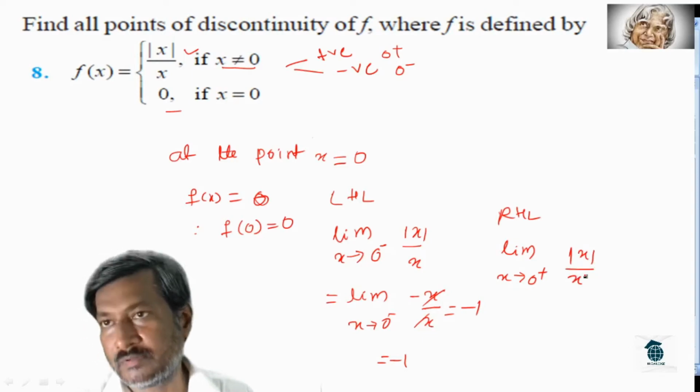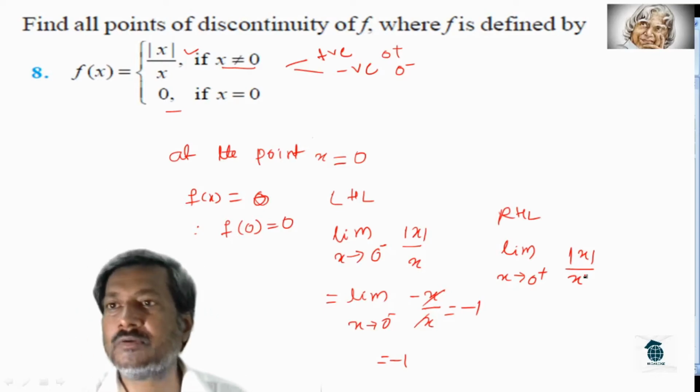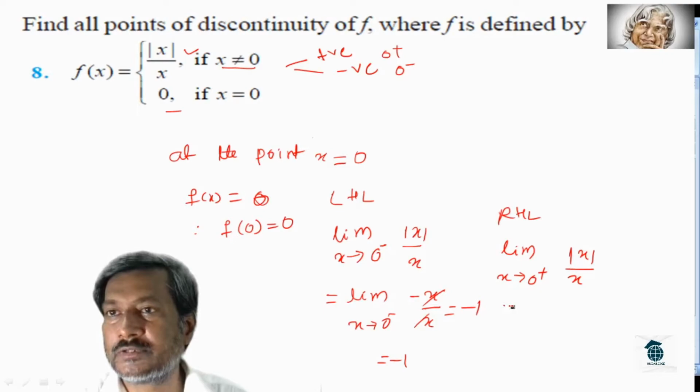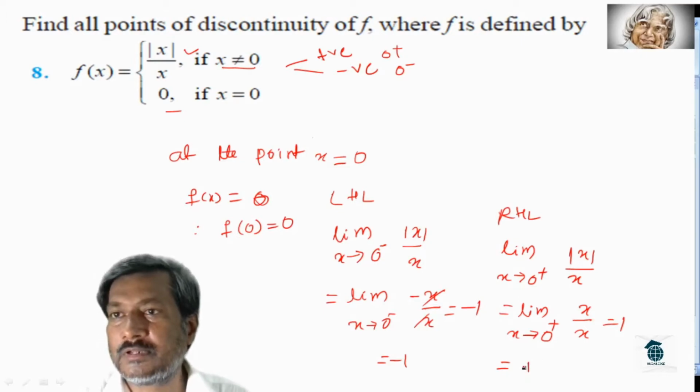So observe here, the definition of modulus function is, for positive value it is equal to x. So therefore limit x tends to 0 plus, modulus of x becomes x, and divided by x is equal to 1. So for 0 plus, RHL is 1.